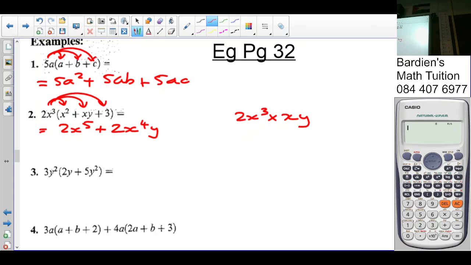Can you see that? Which is 2 times 1 is 2, x cubed times x is x to the 4, y. And then we have 2x cubed times 3. What is 2x cubed times 3? Give a chance. 6x cubed. Who got that one right?